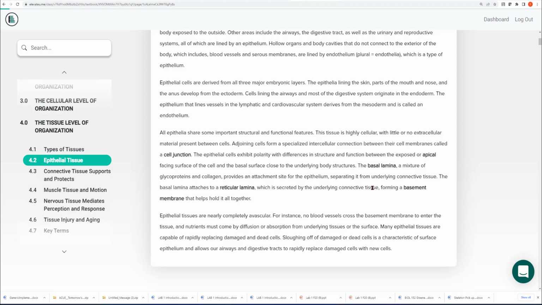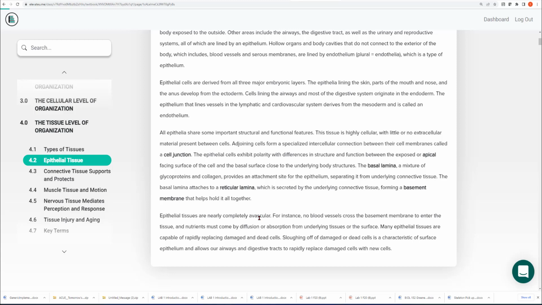Another feature of epithelial tissues, you know from lab, is that epithelial tissues are nearly, not completely, but nearly avascular, meaning that there are very, very few blood vessels that come up into the epithelial layers. Very, very few.